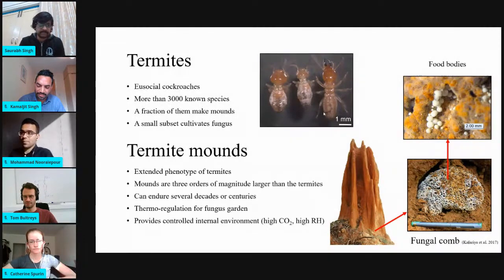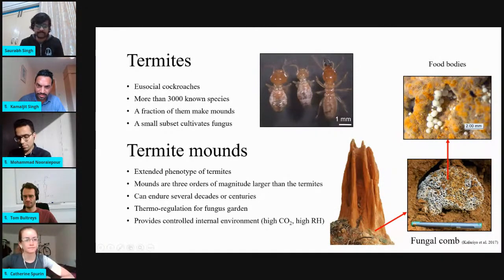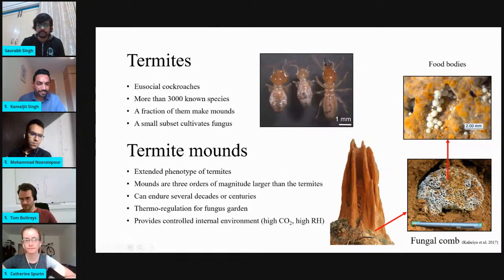It provides a controlled environment for termites, and it is also useful for thermal regulation for the fungus garden. Here there's this fungal comb at the base of the termite mound, and this is the food that they eat.